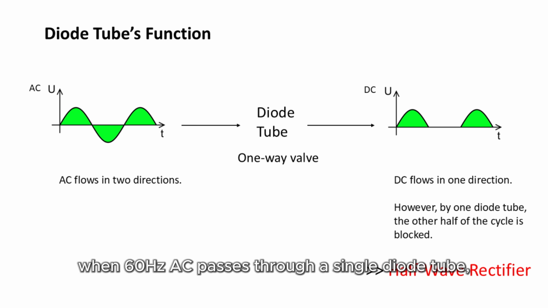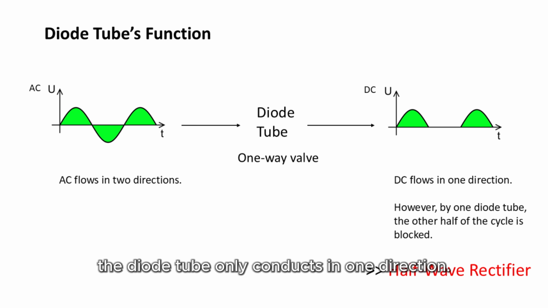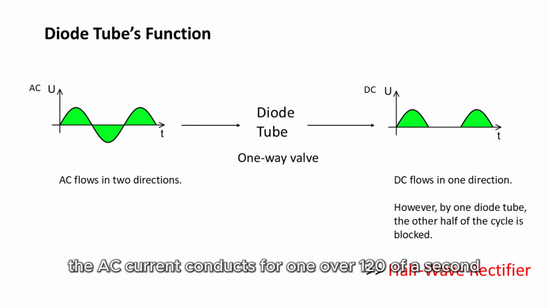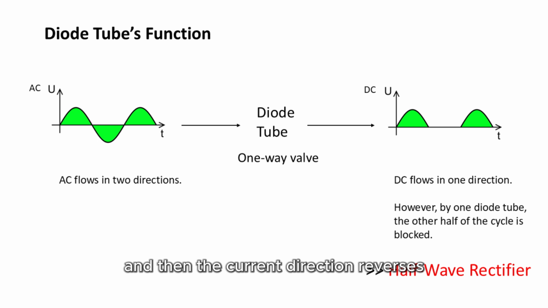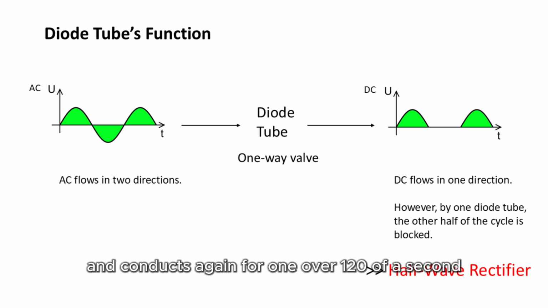When 60 Hz AC passes through a single diode tube, the diode tube only conducts in one direction. Hence, the AC current conducts for 1/120 of a second, then is blocked for the next 1/120 of a second. And then the current direction reverses and conducts again for 1/120 of a second.